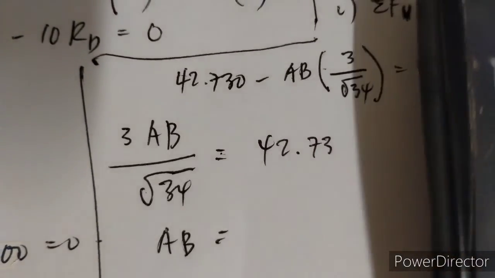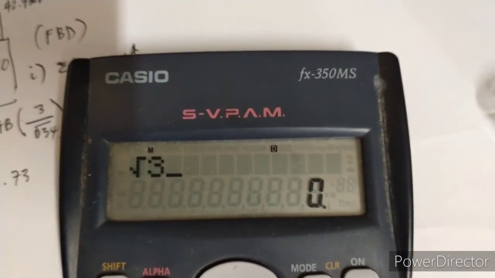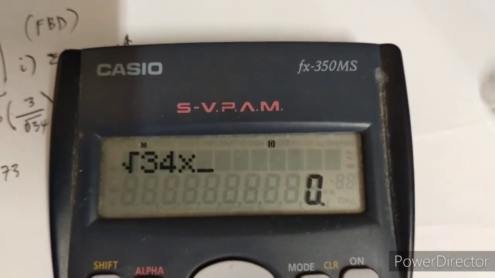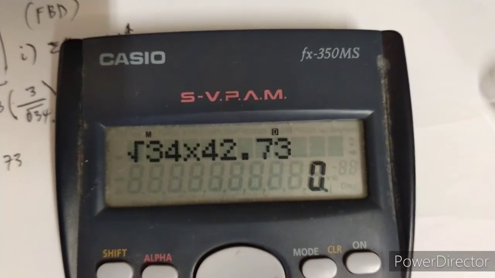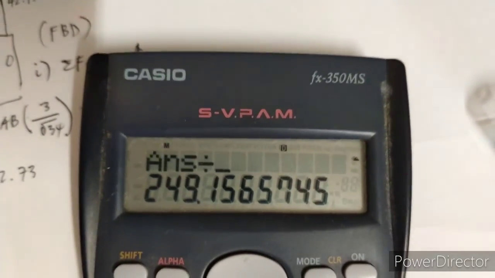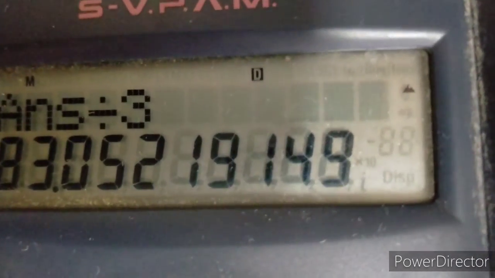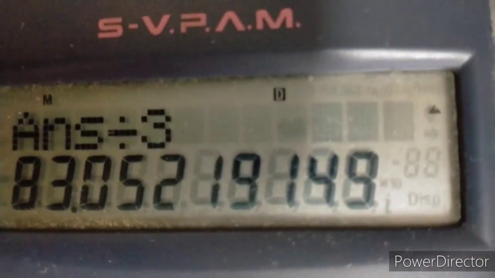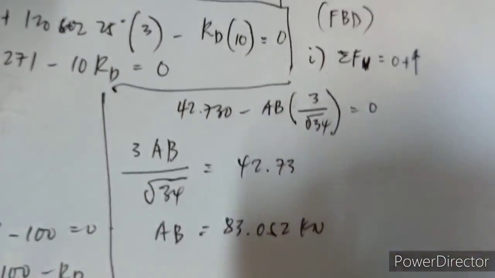square root of 34 times 42.73 divided by 3. Okay, so it will give you 83.052 kilonewtons.